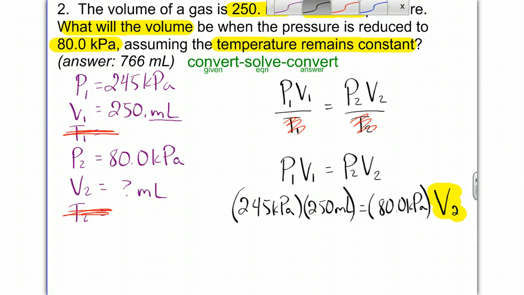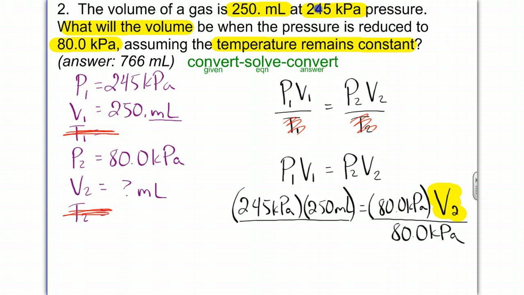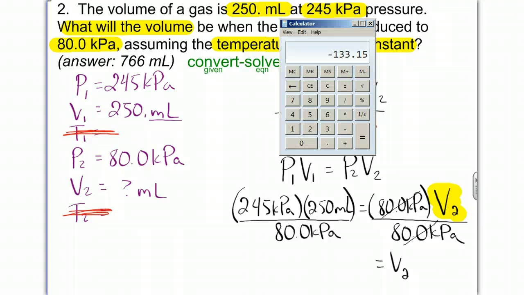So in order to do this, I want to divide both sides of my equation by 80.0 kilopascals. On the right, my 80 cancels, leaving me with just V2 equals, and then I'm going to do my math.